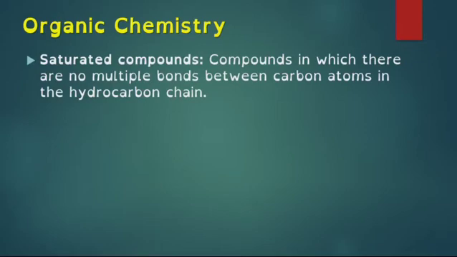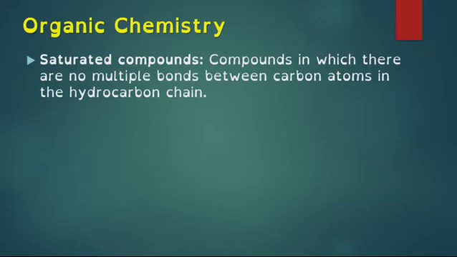Right. The next thing that you have to be able to do is to differentiate between saturated and unsaturated compounds. Guys, they do ask this. I've seen it year after year after year. A saturated compound is where there are no multiple bonds between carbon atoms in the hydrocarbon chain.